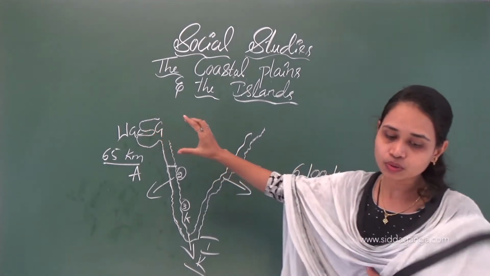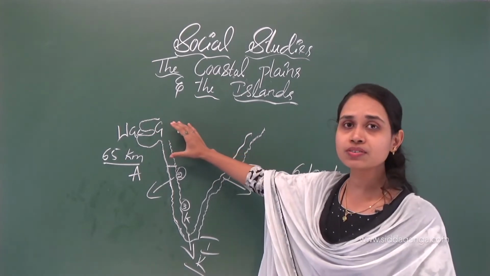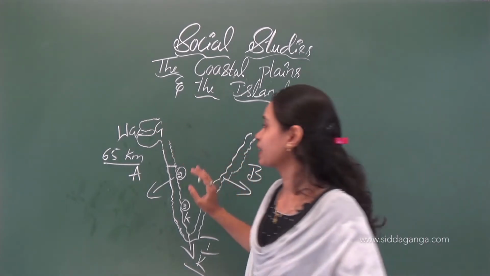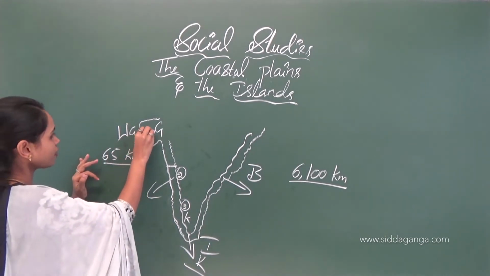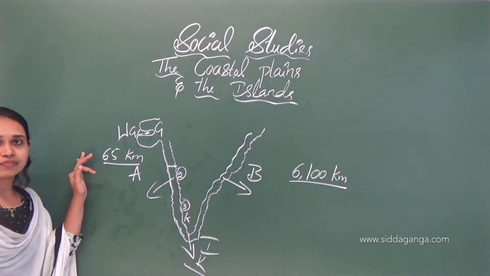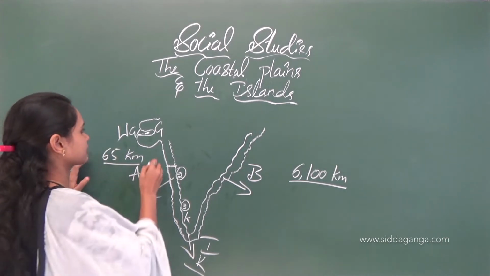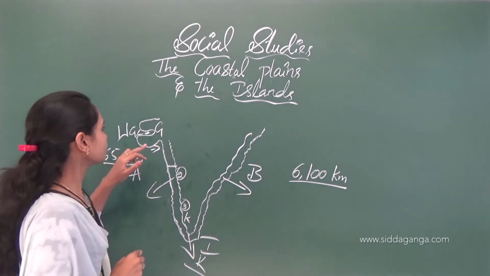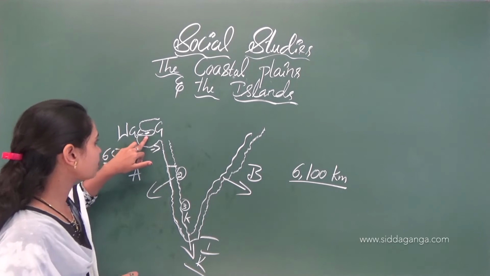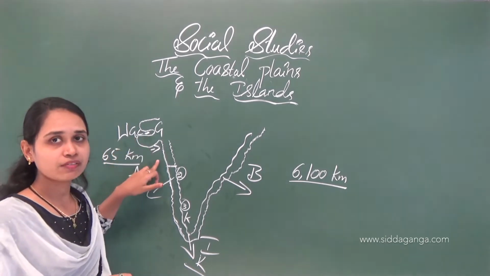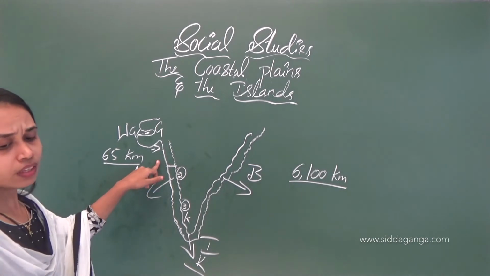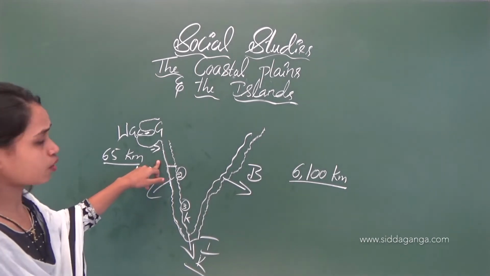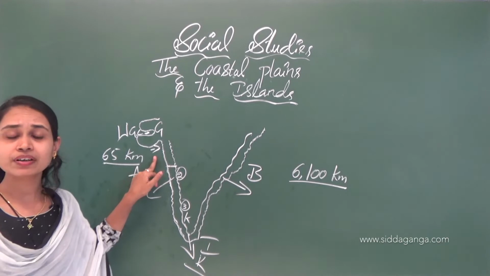So the Gujarat coast starts from where? Yes, the Gulf of Kutch to the Gulf of Kambak. So Gujarat coast stretches from the Gulf of Kutch till the Gulf of Kambak.